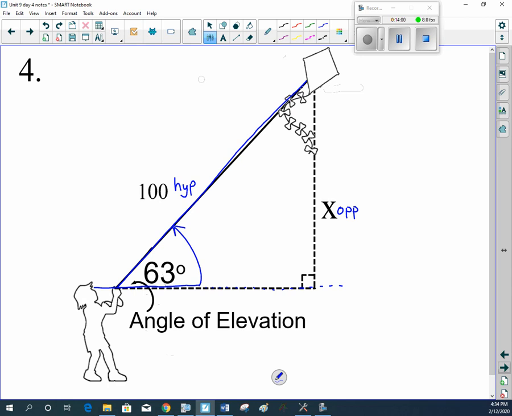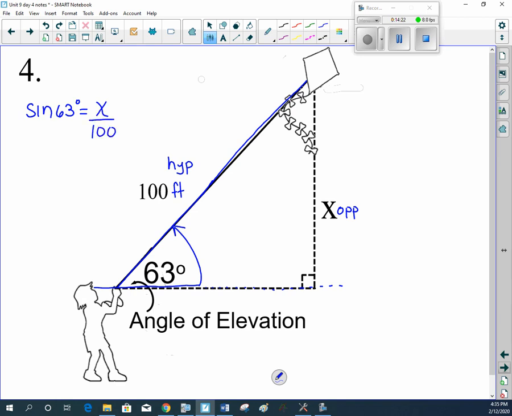Let's give this some units. We'll say this is 100 feet, just so we can maybe know what's going on here. Okay, and this is our hypotenuse. So we're going to say the sine of 63 degrees equals the opposite side over the hypotenuse.